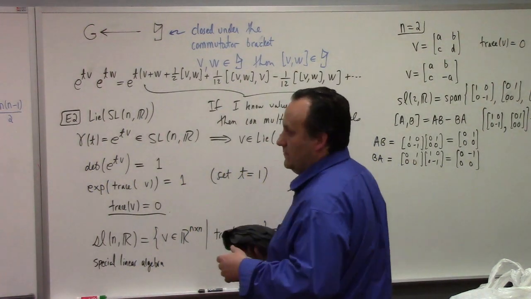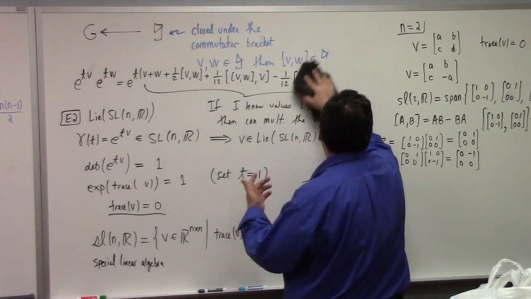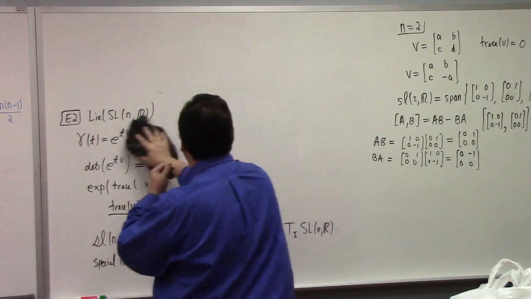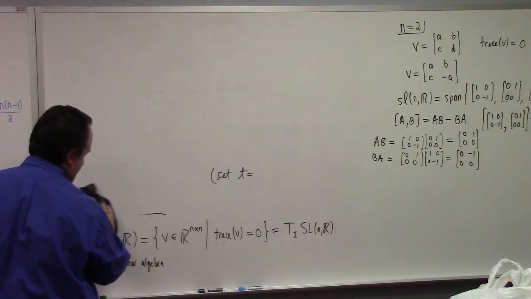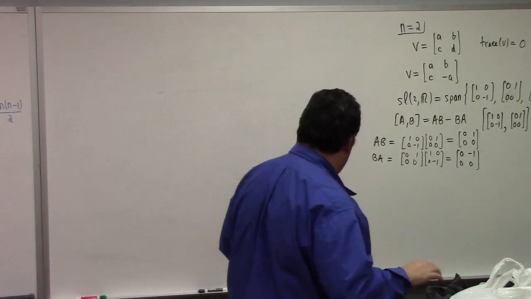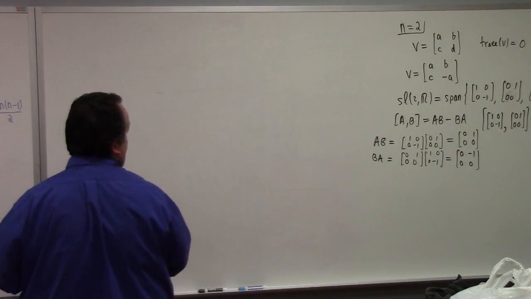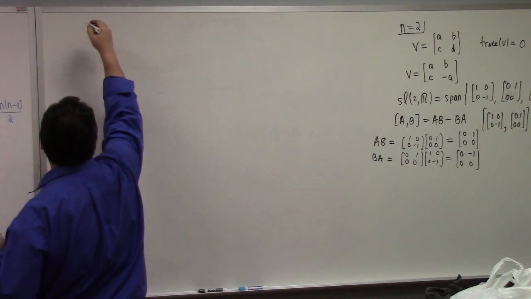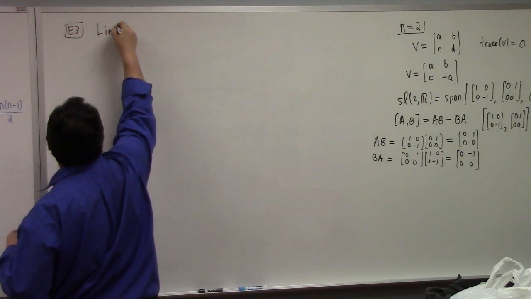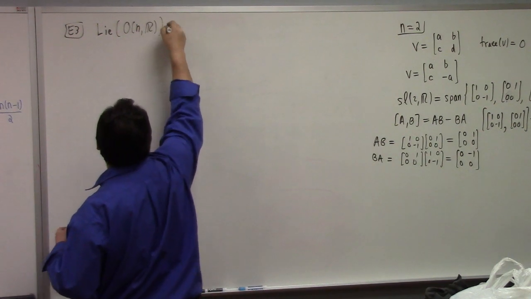Now, what about ON? What about the orthogonal group? So example 3: let's calculate the Lie algebra of ON R. What's that going to look like?